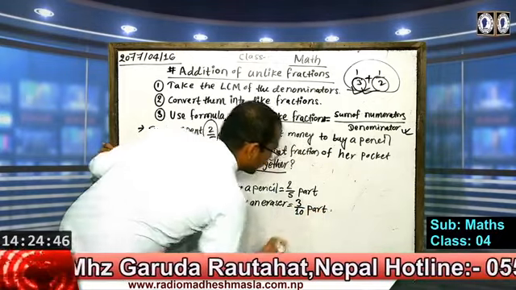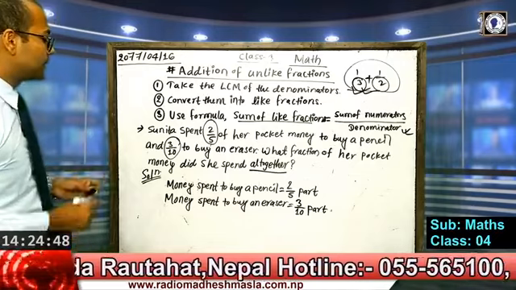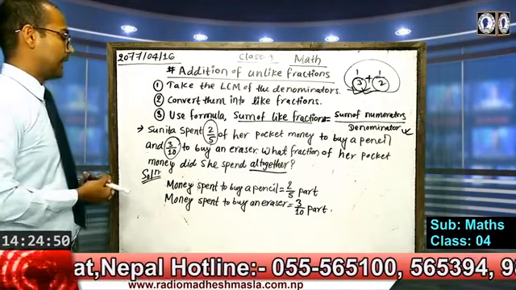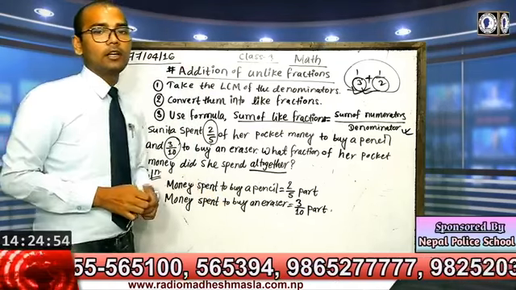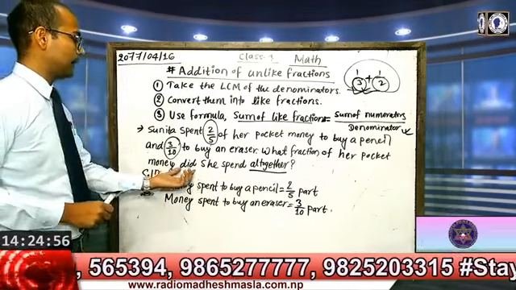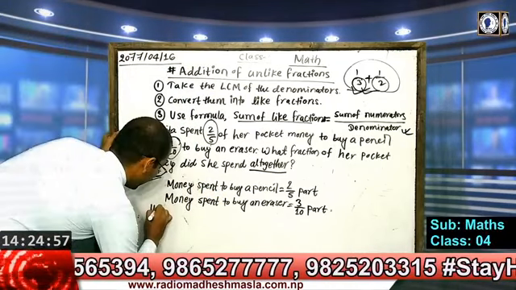So how much money did she spend altogether? The total money spent by her is found by adding these two fractions.